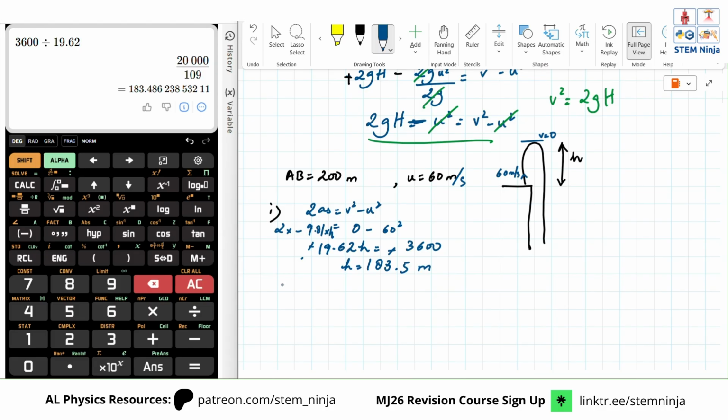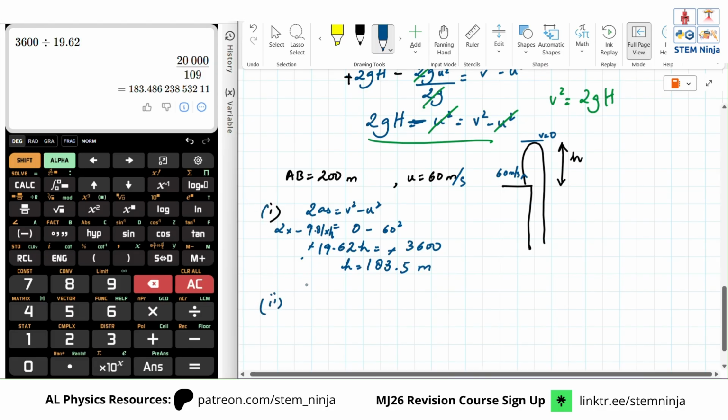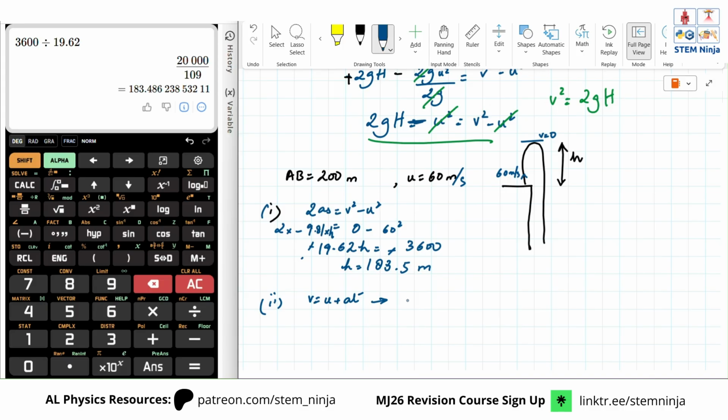Now, in what time does it attain the small height h? We can use v equals u plus at, which would translate into v equals u minus gt, because g is downward, so a would be minus g basically.